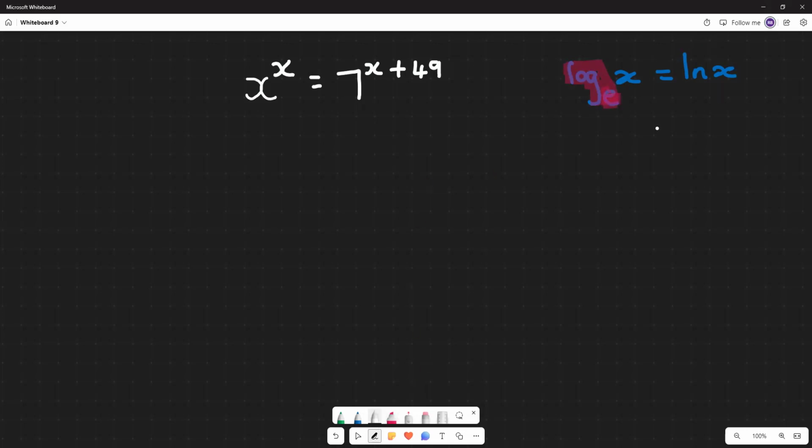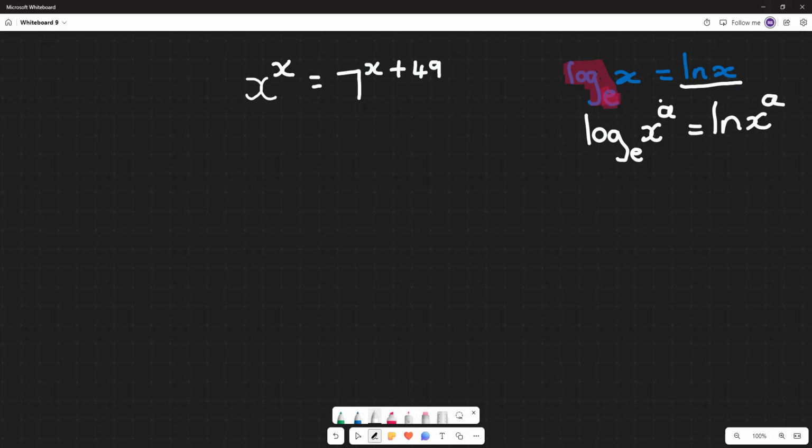I prefer to use this form, keeping in mind that the ln, or the natural log, is basically log base e. Remember, guys, here I have log base e of x. I can introduce an a here, so that side I'll have ln x, and then I can introduce an a there.